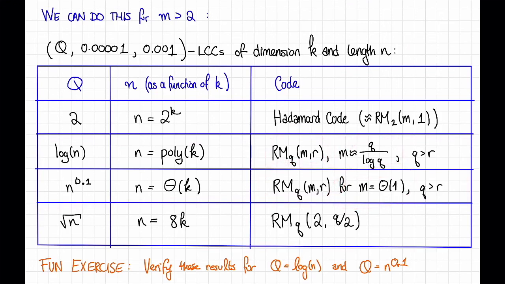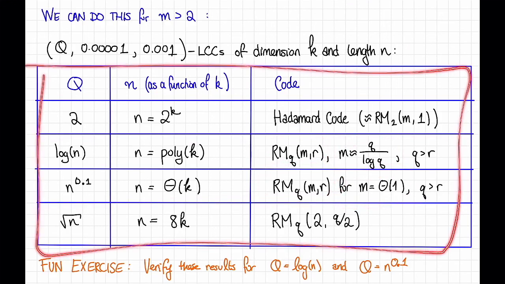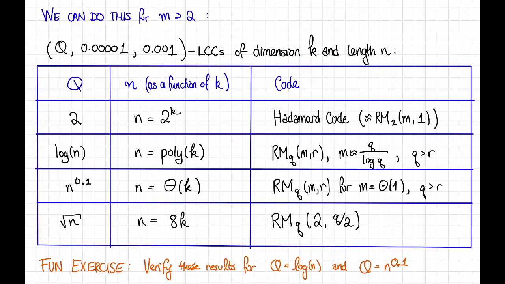Cool. So this table is basically saying that we can get non-trivial locally correctable codes in a variety of parameter regimes by using Reed-Muller codes or Reed-Muller-like codes. You might be wondering if we can do better than this. As previously noted, for q=2, in fact, we cannot. We have to have n basically exponential in k.